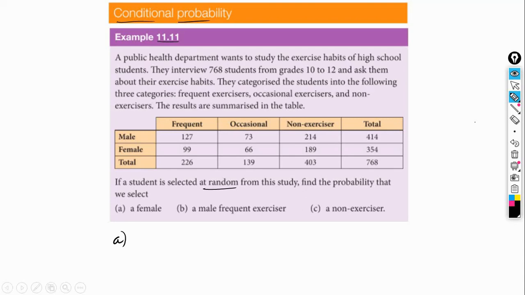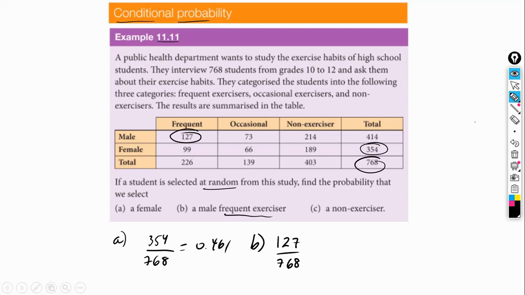So this is simply going to be the total females, which is 354, divided by the total amount of students, 768. And this is going to equal 0.461. For part B, a male frequent exerciser. So male and frequent exerciser would be 127 out of the total 768.